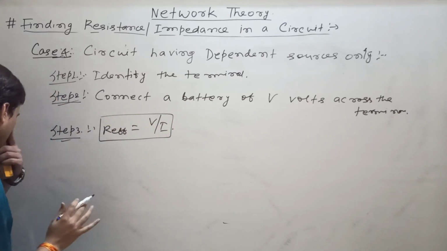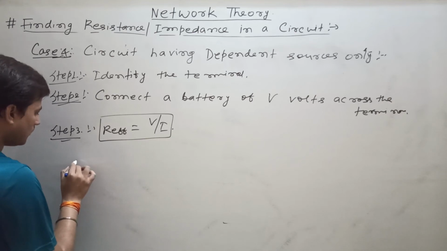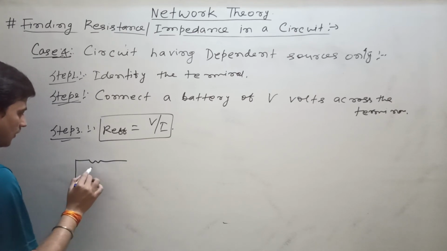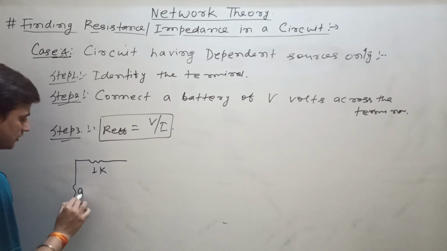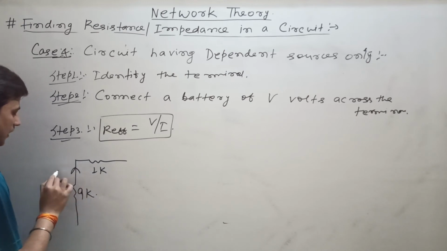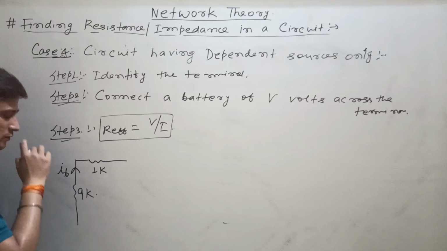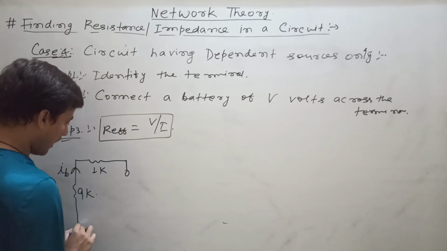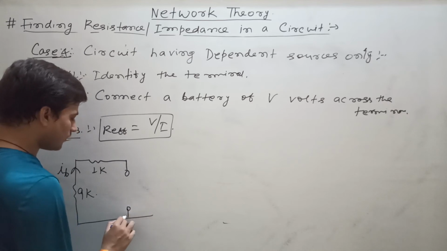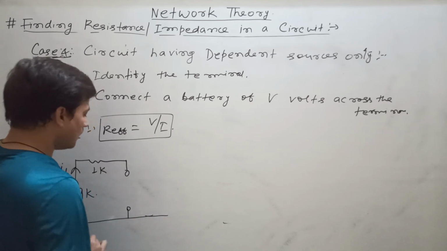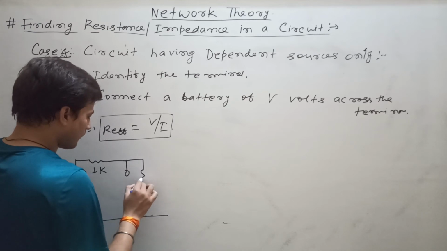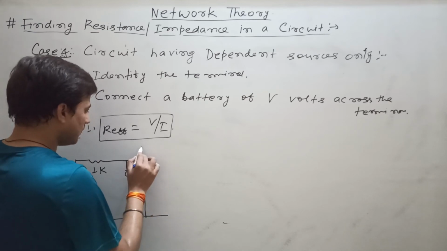So let us discuss one question. The question is like this. Here it is 1K, here it is 9K, here it is IB. This question was asked in GATE 2013, and at that time the paper was common for electrical engineering, electronics and communication engineering, and instrumentation engineering.